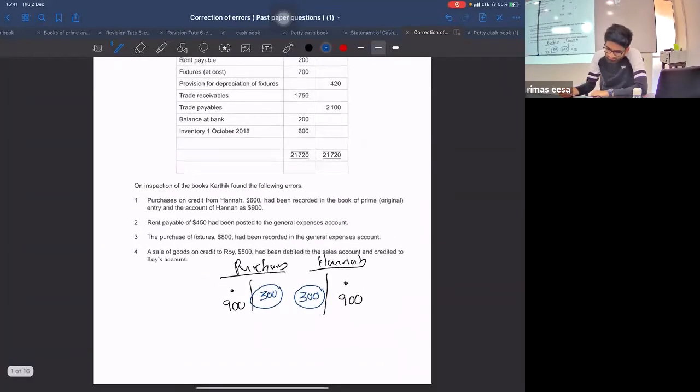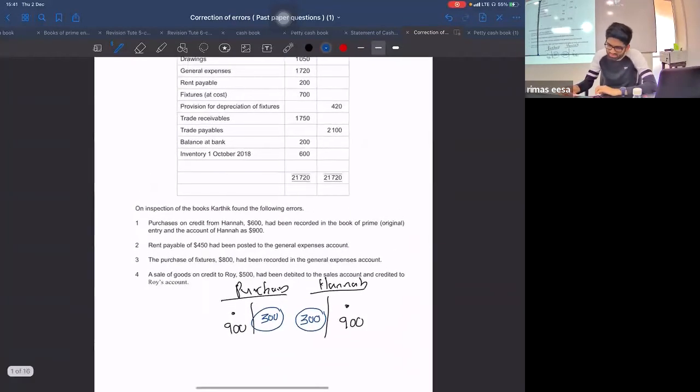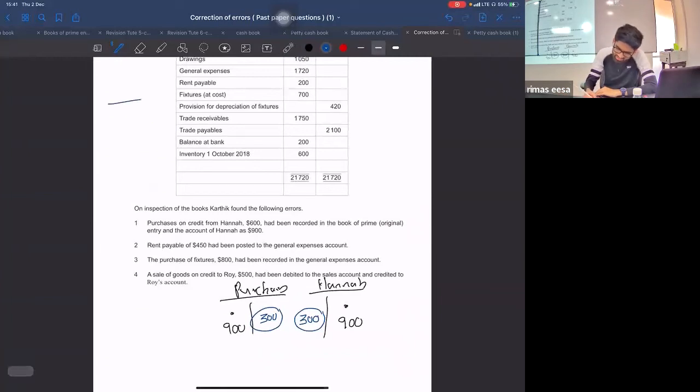Rent payable 450 had been posted to which account? General expenses account. So if I do a small working, there is a rent account and a general expenses account. What happened? Rent 450, in which account have they entered? General expenses account. Without entering in the rent account, they entered it in the general expenses account.